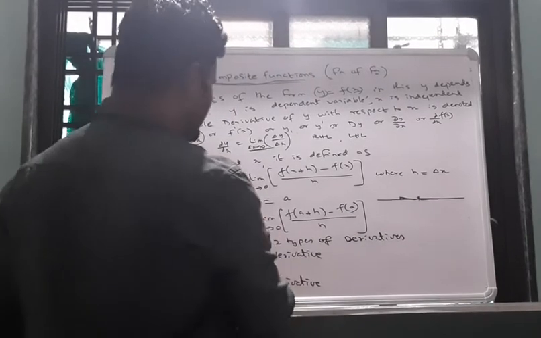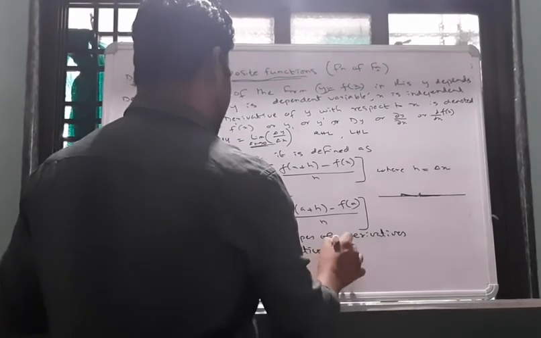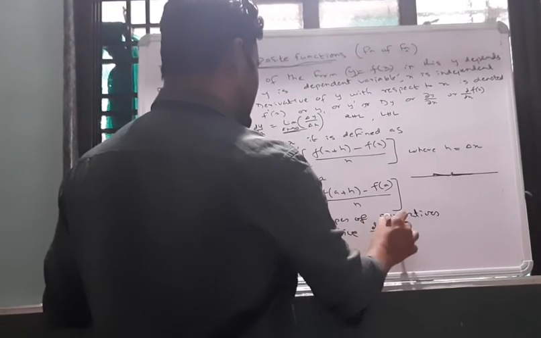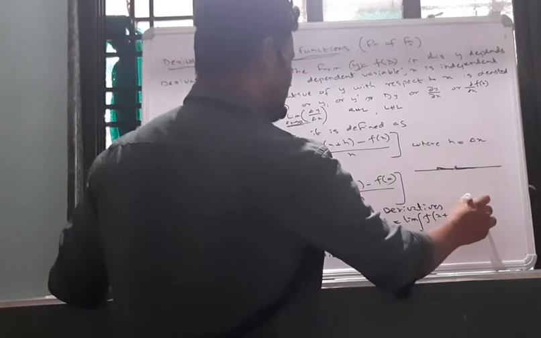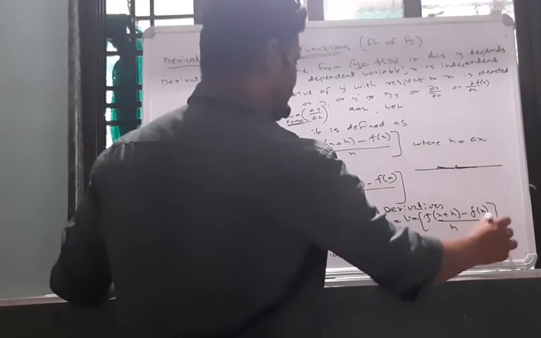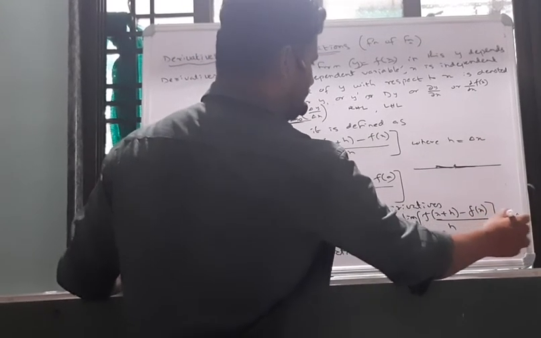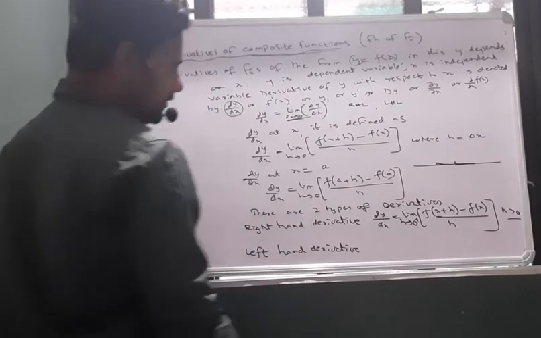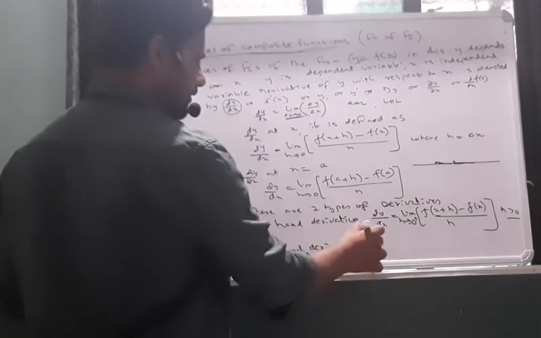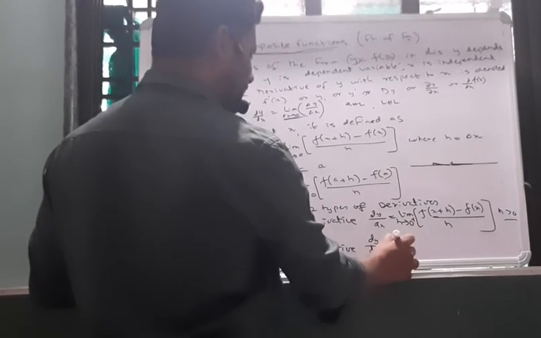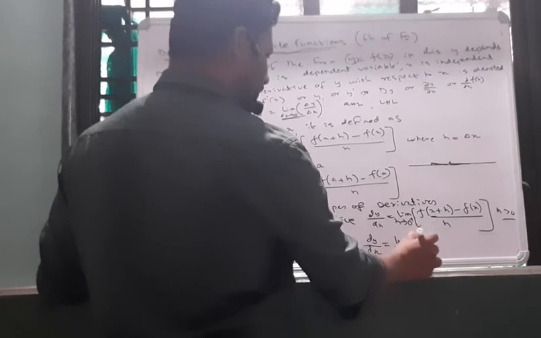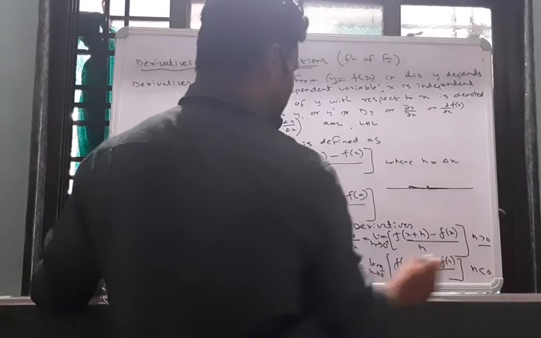The right hand derivative is dy by dx equal to the limit of f of x plus h minus f of x by h when h tends to 0 plus, that is, h is slightly greater than 0. We move to the right side. And the left hand derivative is dy by dx equal to the limit as h tends to 0 minus of f of x plus h minus f of x divided by h, where h is slightly less than 0.